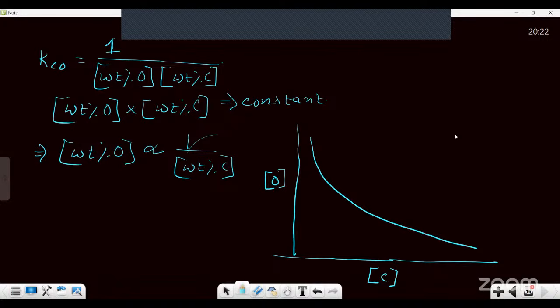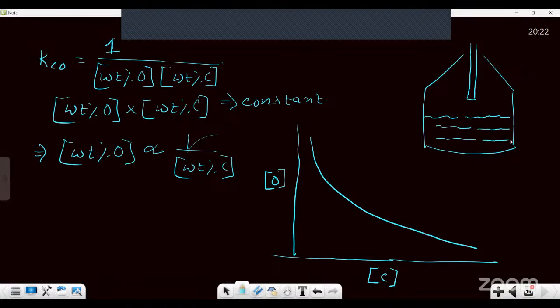initially, before I start the process, the physical meaning we need to understand. It is very important. So before I start the process, the amount of oxygen in the melt was very low. In the hot metal, the amount of oxygen was very, very low because I have not started blowing the oxygen. So the oxygen is very low.